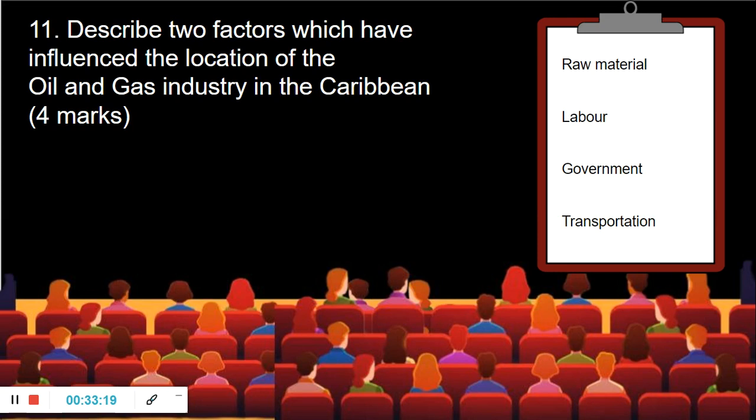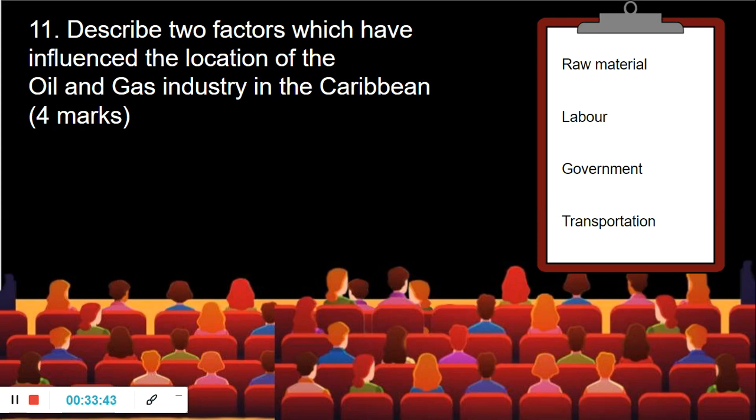All right. So raw material, very important. Trinidad and Tobago has both oil and natural gas. The natural gas is found offshore. The oil is found on land and offshore.